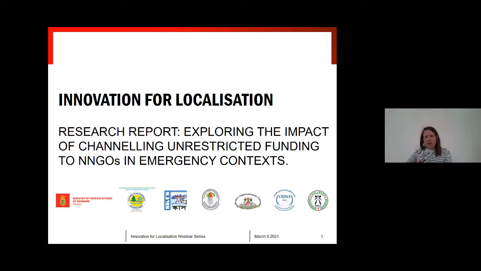To the best of our knowledge, at the time this TOR was drafted, the project was the first to pilot this type of approach, which goes beyond pooled funding and transfers unearmarked, unrestricted institutional funding directly to local partners.